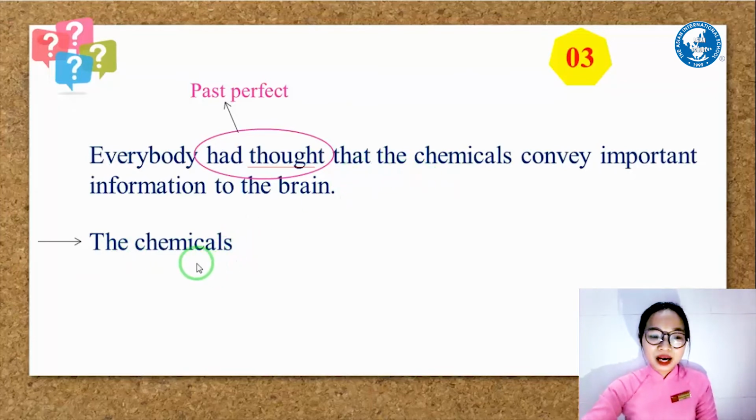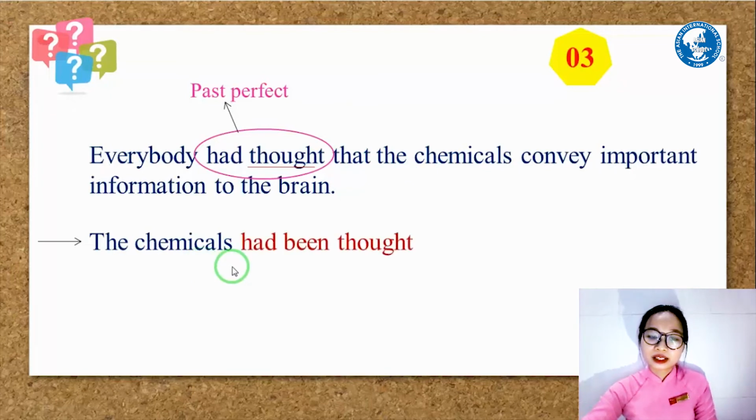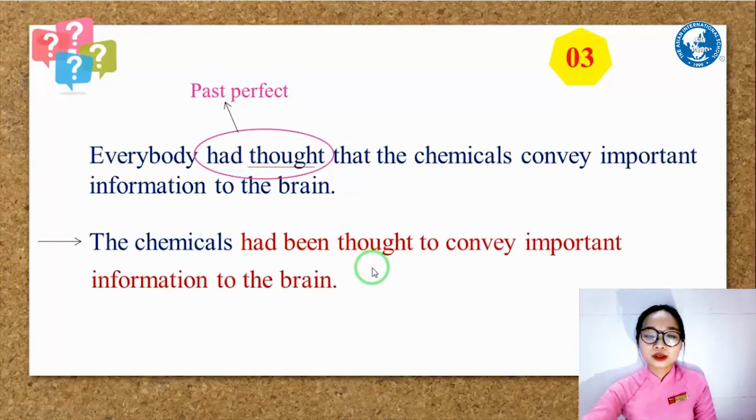So it is pattern 2. We also need had been taught, be in past perfect, had been, and think in past participle form, thought. And after that is to infinitive, to convey important information to the brain.